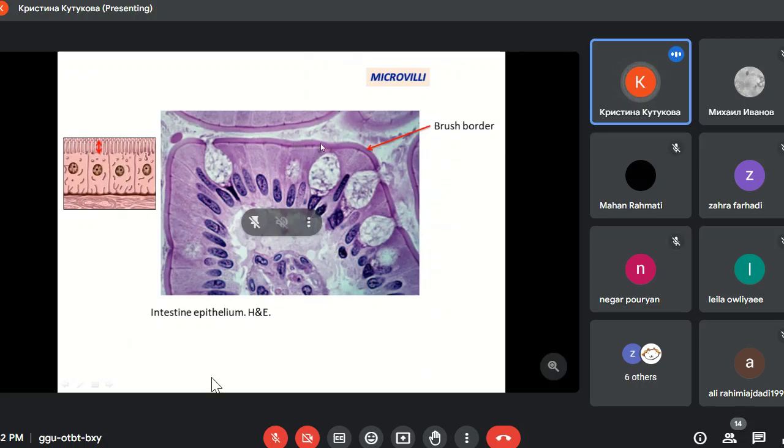We cannot see each single microvillus, but when they are multiple, they make this line covering the apical surface of the cells, which is called brush border, and it is a specific feature of the intestinal epithelium.